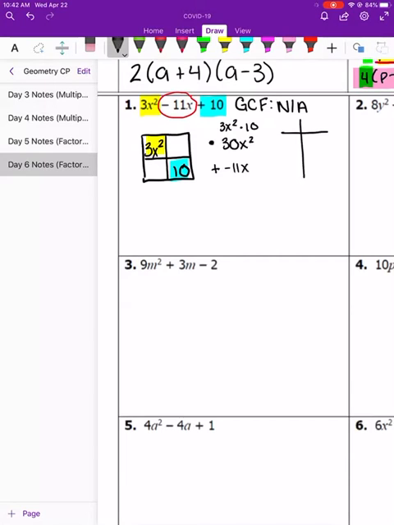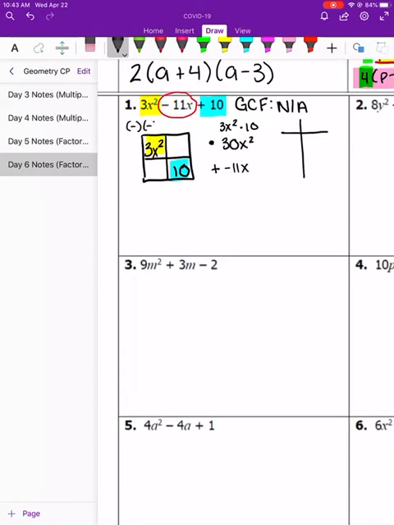Okay, so I'm multiplying to a positive, but adding to a negative. Well, are two positive numbers ever going to add to a negative? No. So I probably need to have two negative numbers, which again, do two negative numbers multiply to give me a positive?